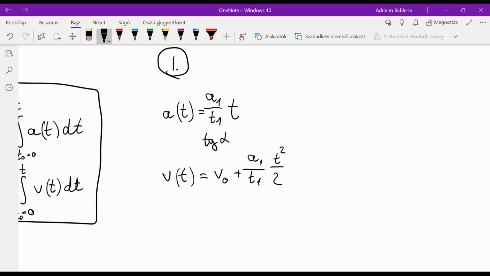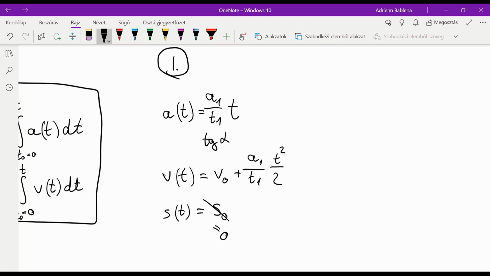Okay, and we have to integrate again for s. What we know is that S0 is 0, so we can drop S0.